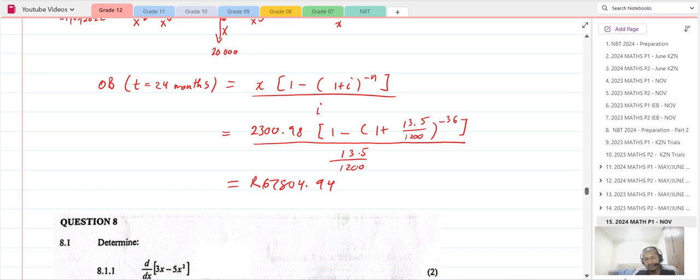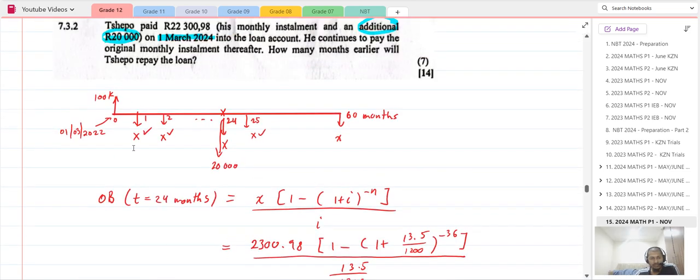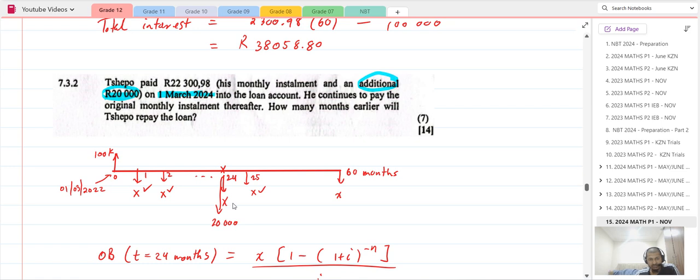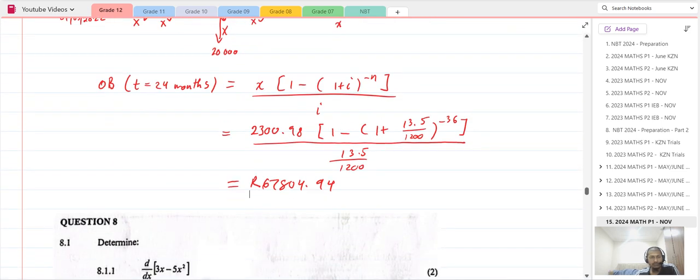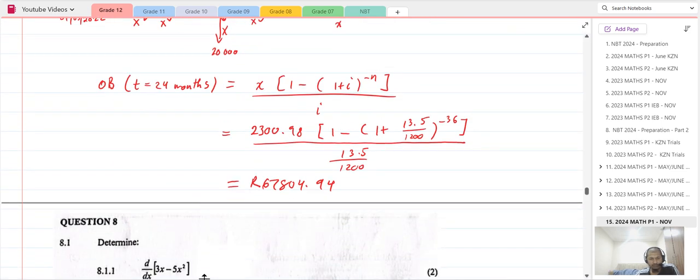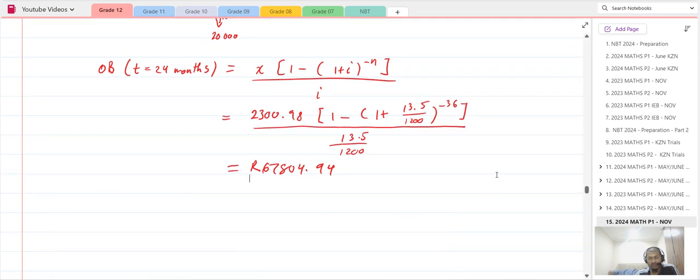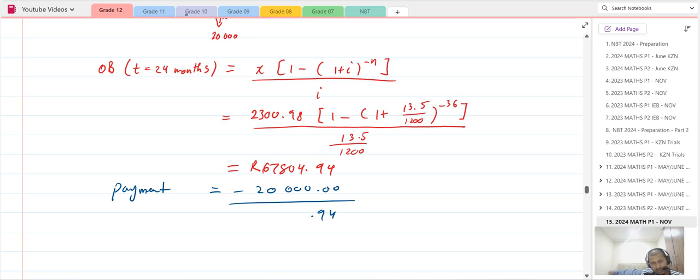Right, now because you paid an additional 20,000, it's going to drop the outstanding balance on your loan. So now what we have is a payment of 20,000 rands. Okay, so you got 67,804, drop this, now you have 47,804.